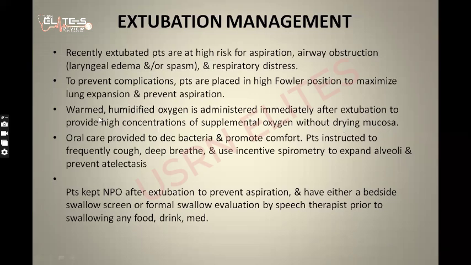So that means if the oxygen you are providing is not humidified and warmed, this is what will happen: the patient's mucous membranes become dry. And when it becomes severe, you can have cracks within the mucous linings and cause bleeding.